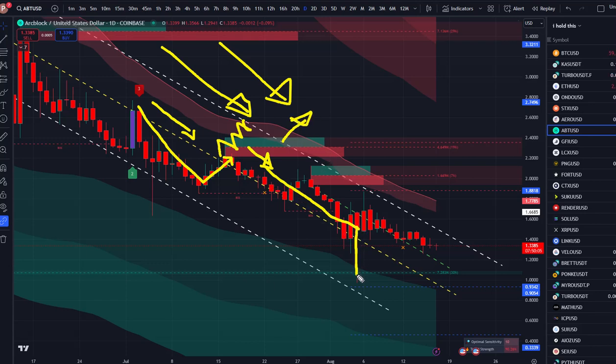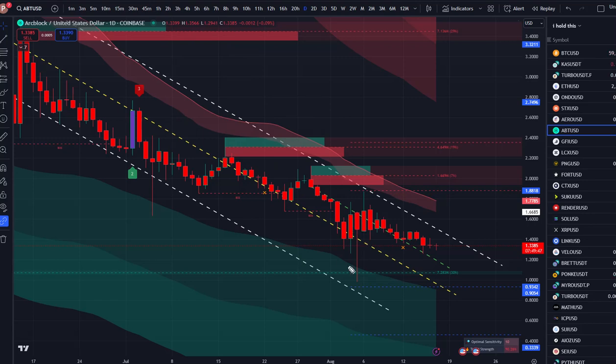So when we get the crash, ABT comes down, wicks down to here, hits below $1. But as soon as it hits below $1, it comes back up, hits 177. But if you look at it, ABT is still in our trend line. So people get all bullish, but nothing has changed.